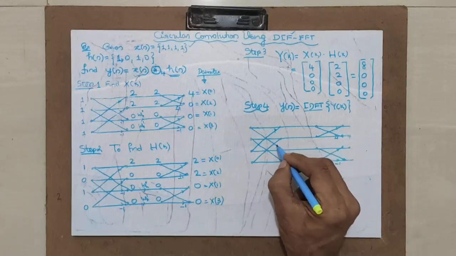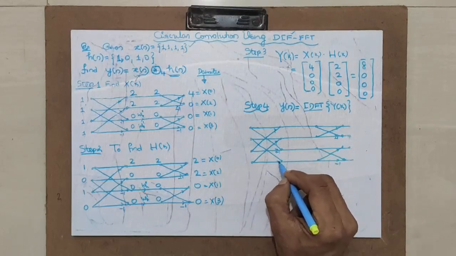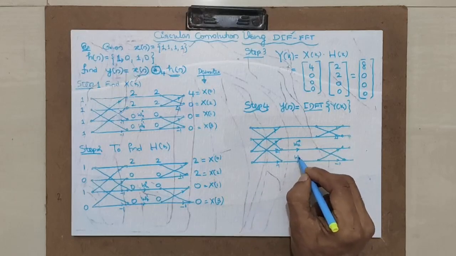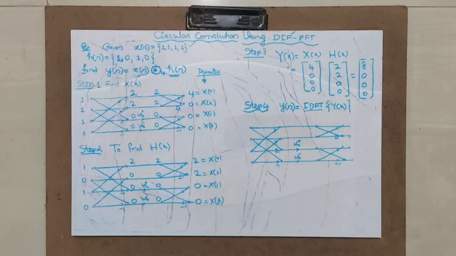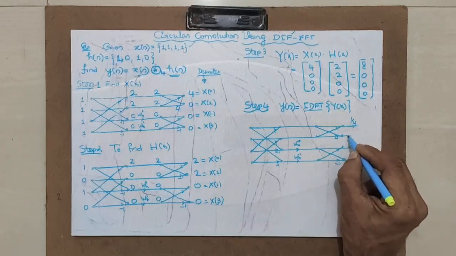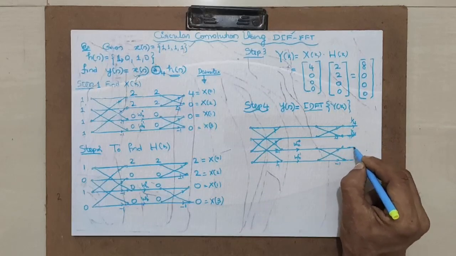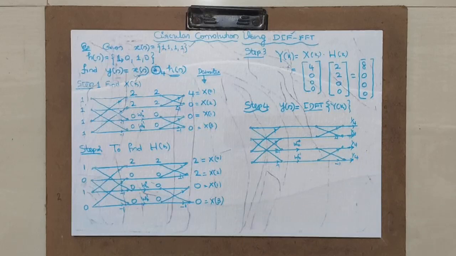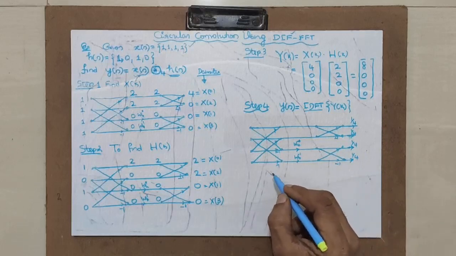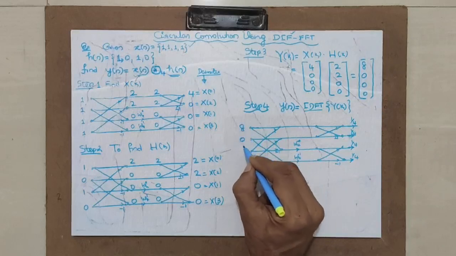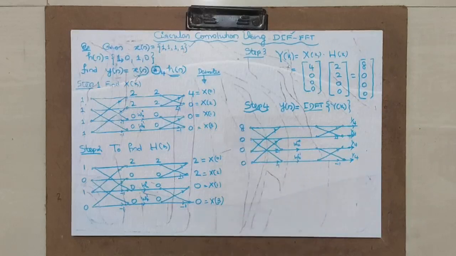Here -1. Please note that this is W4 raised to -0. This is W4 raised to -1. And at the last stage it is 1 by 4, 1 by 4, 1 by 4 and 1 by 4. Now whatever is there, it is written serially 8, 0, 0, 0.